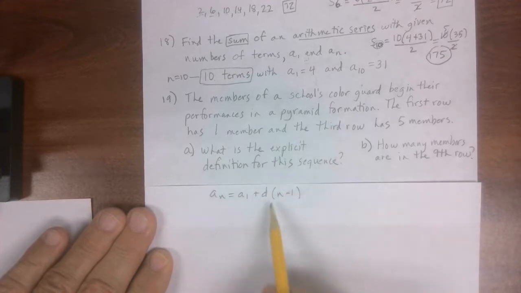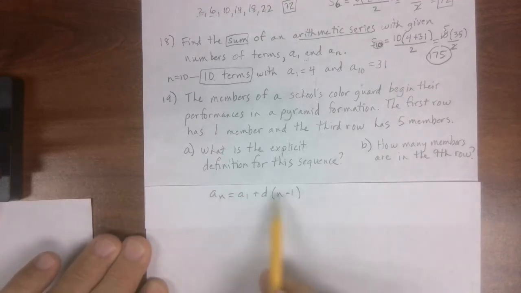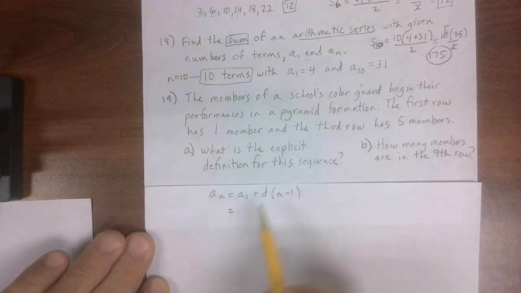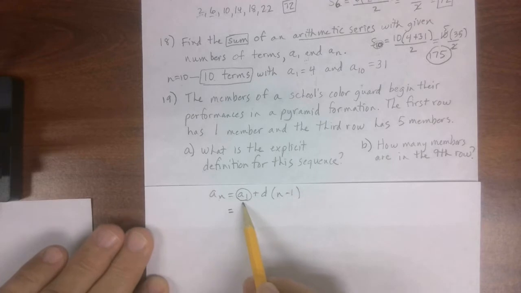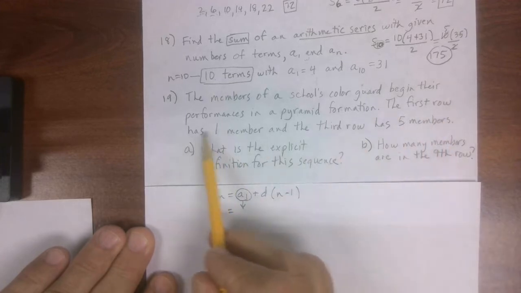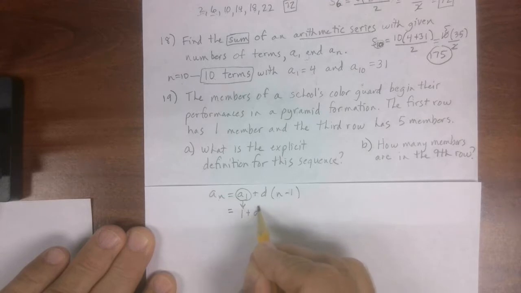Now, what are we trying to find? d. How do we go about that? Well, we're supposed to know n, a sub 1, and a sub n. I know that sounds overwhelming, but I'm going to go for the low-hanging fruit. This is the number of our first term in our sequence. The first row has one member. We're trying to find the common difference.